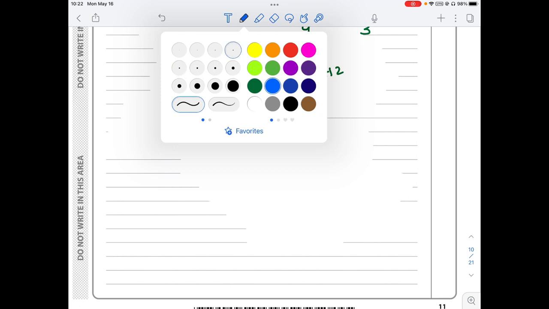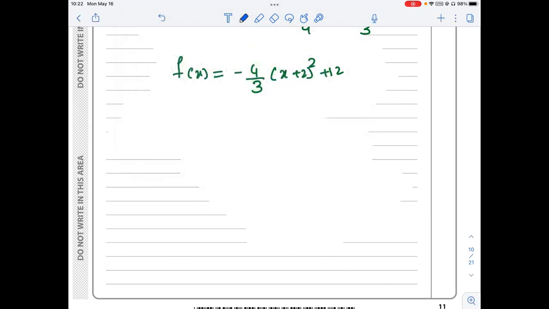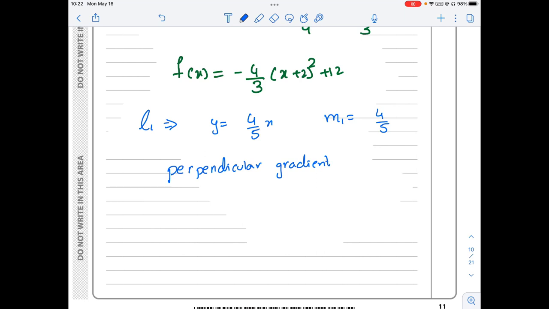What is the gradient of that one? The gradient is 4 upon 5. So the perpendicular gradient will be minus 5 upon 4, and it passes through minus 5 comma 0.